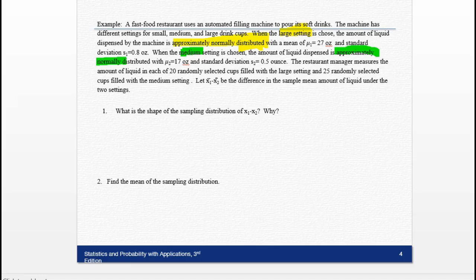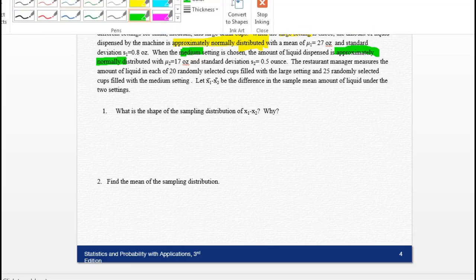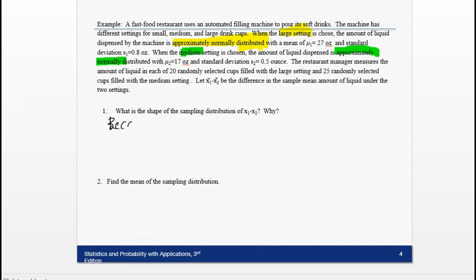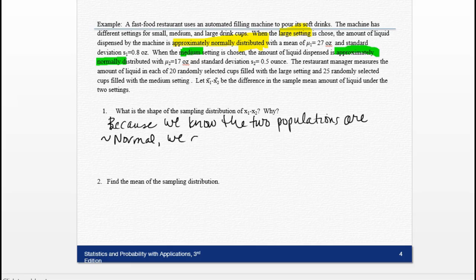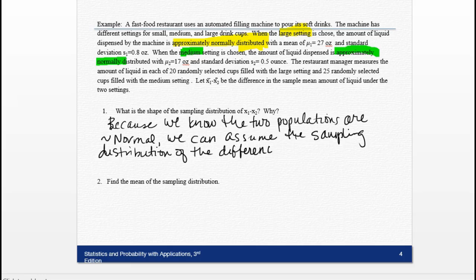So all we have to do is put that in words: because we know the two populations are approximately normal, we can assume the sampling distribution of the differences will be approximately normal also.